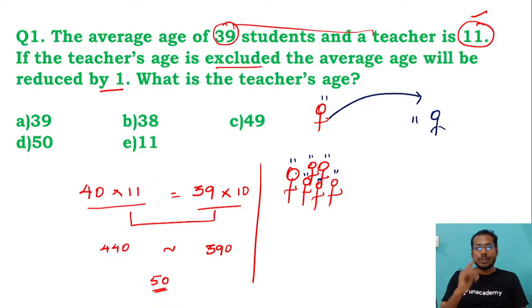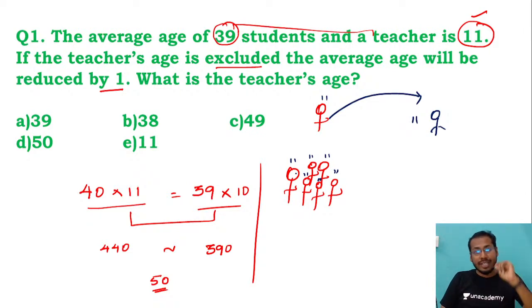Okay, I want to tell one secret in average. Always there is one incident that happens in the question, whatever the average question may be. You can write a CAT exam, GATE exam, bank exam, whatever it is, some incident happens in the question. After that incident, either the average will increase or the average will decrease. Please listen carefully.